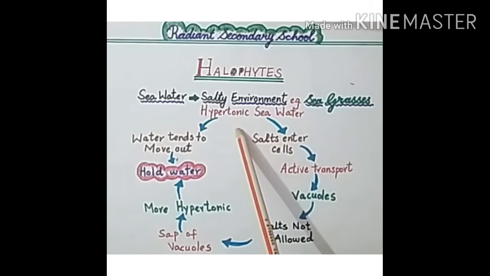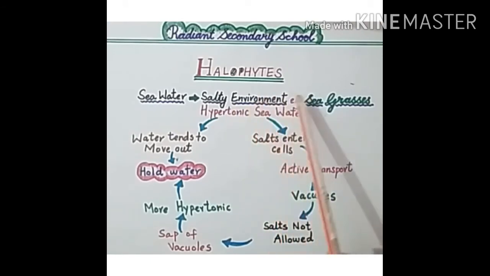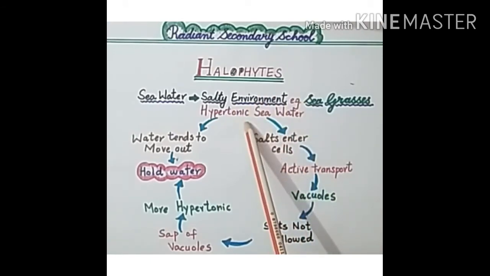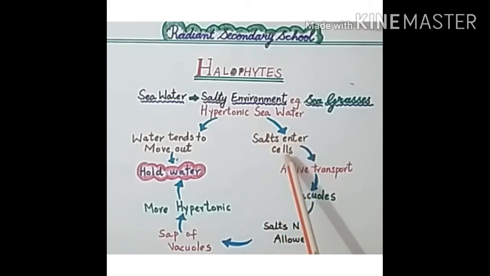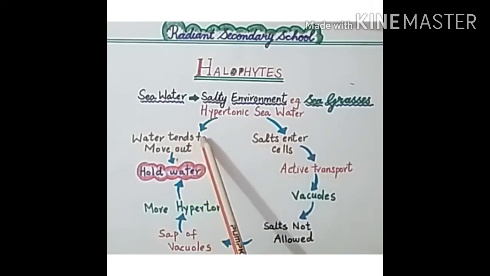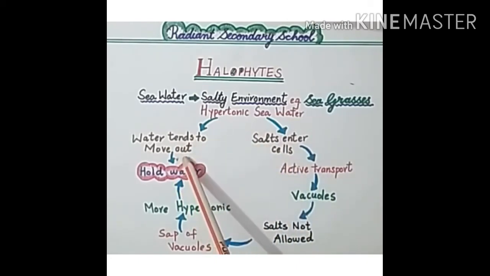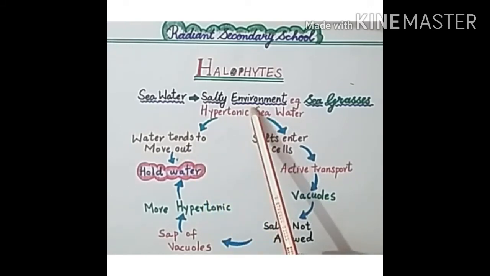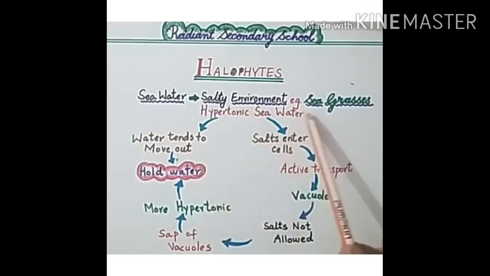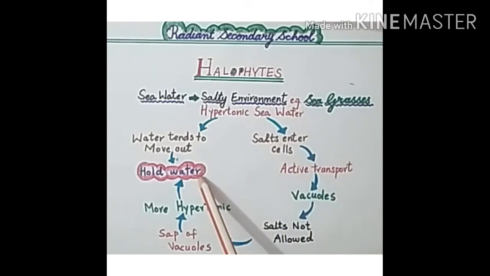In order to survive in the salty environment, these plants face two problems simultaneously. The first one is the salts try to enter inside the cells, while the water tends to move out of the cells. In order to survive in this salty environment, the plants like sea grasses should hold this water inside the cell.